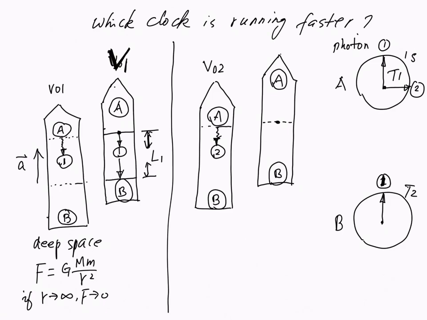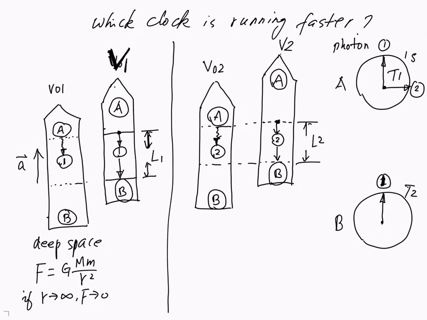This is where the second photon was emitted, and this is where the second photon was received by clock B. That distance is L2, and the speed when clock B received the second photon is V2.